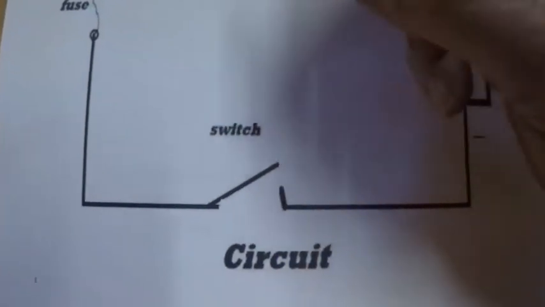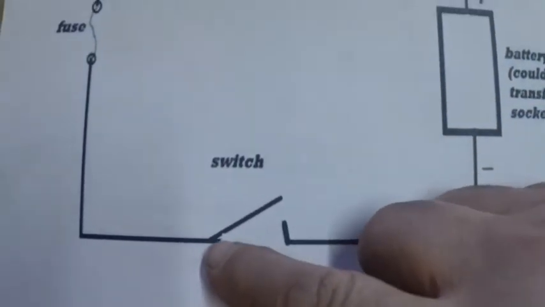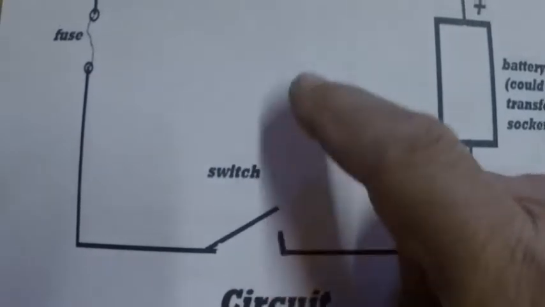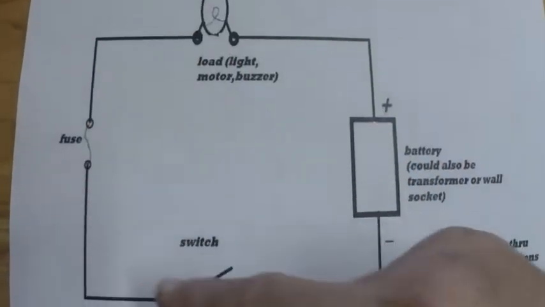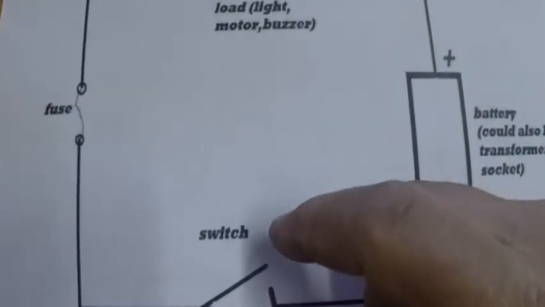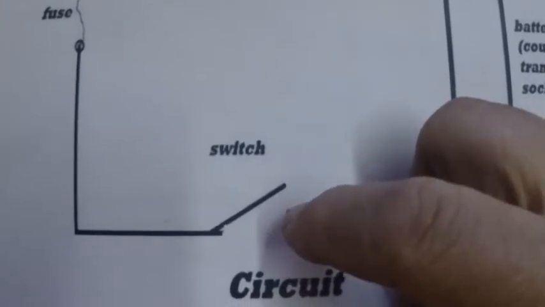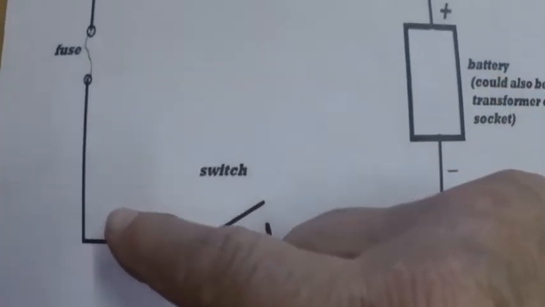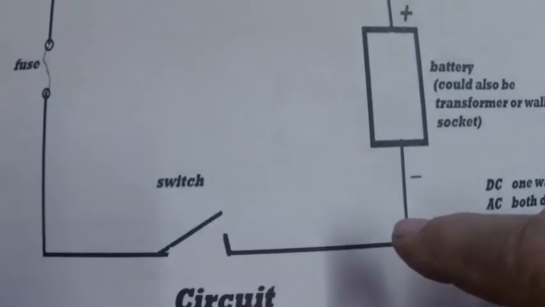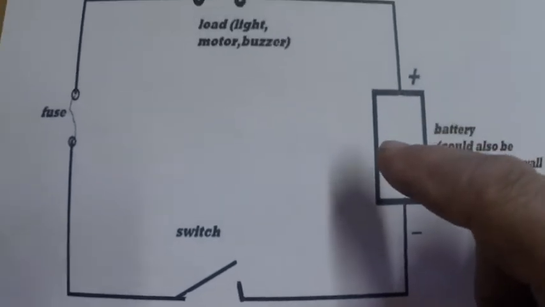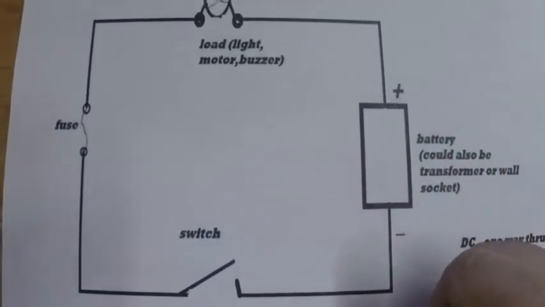Well, here, there's a switch. Well, if that switch is open, then this electricity can't go around in a circle. But when that switch goes closed, then the electricity can continue around and complete the circuit back to the power source, which in this case is a battery.